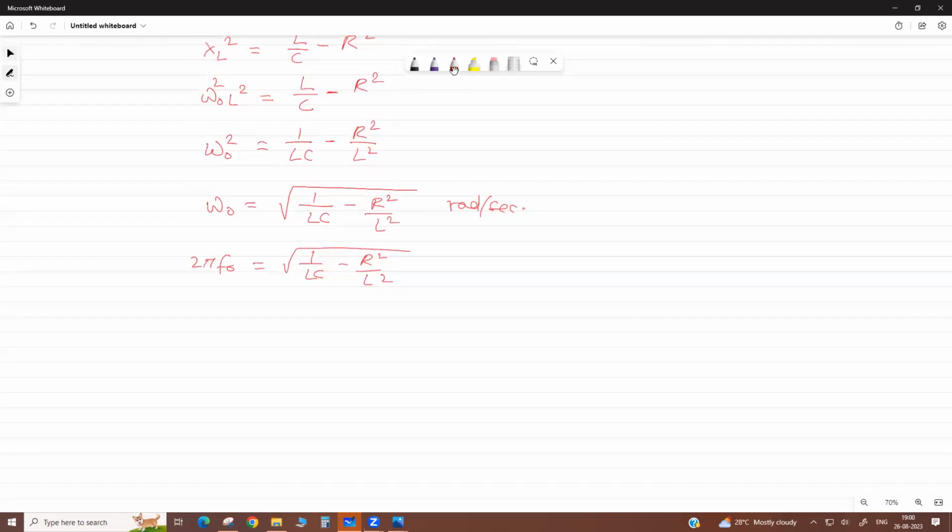Or f naught equals 1 by 2 pi, then under root 1 by LC minus R square by L square. This is the complete formula.